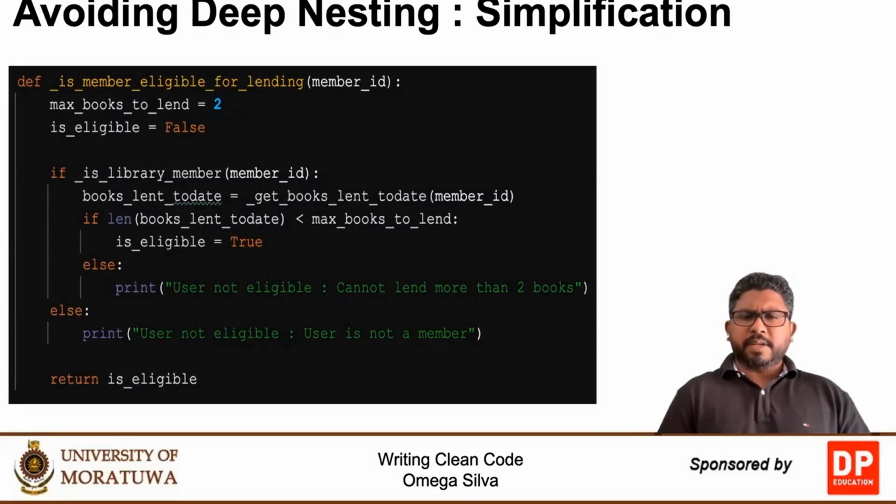We can still simplify this function by removing the nesting altogether. However, to understand how the nesting could be removed, we need to understand a slightly advanced programming concept. Let's learn this new concept by analyzing the flow diagram for this particular function.